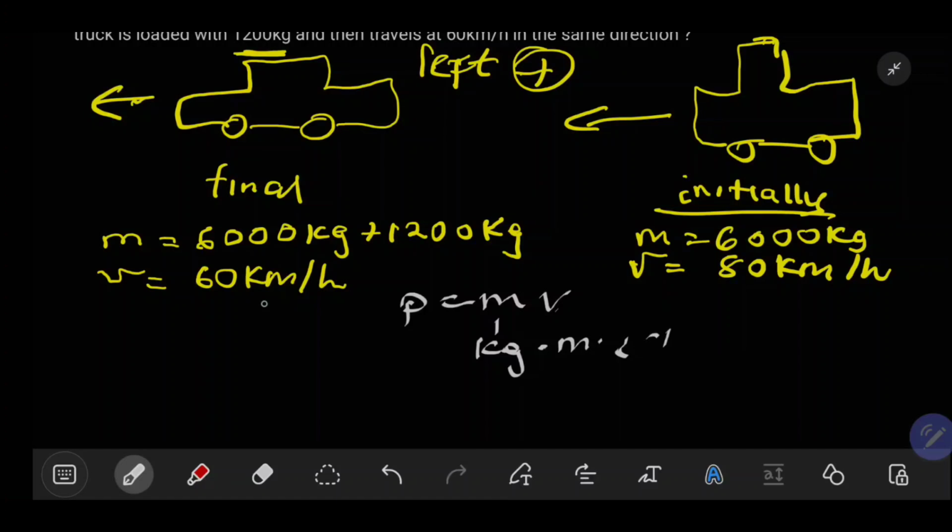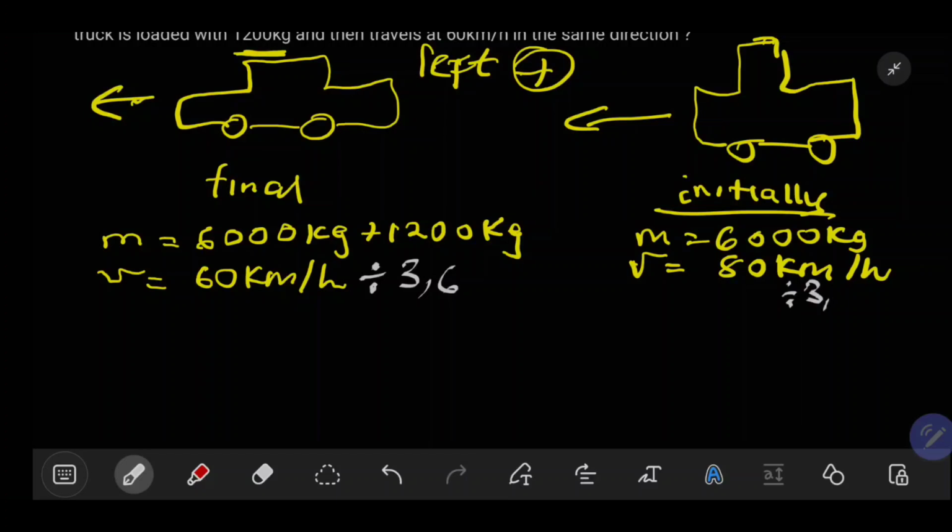Now we're given these velocities in kilometers per hour, so we must convert the velocity. We just have to divide this value by 3.6, then we also divide this one by 3.6, so that you move from kilometers per hour to meters per second.